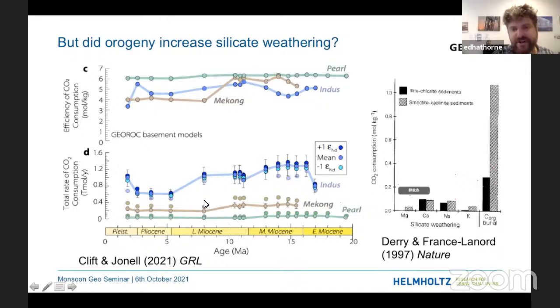towards the Pliocene. I mean, they say that this means that the uplift hypothesis, the Ruddiman hypothesis, isn't really supported, that the Himalayan orogeny did not increase silicate weathering, but I would argue that this timing here is perfect for the mid-Miocene cooling, which is actually the largest global cooling of the last 20 million years.